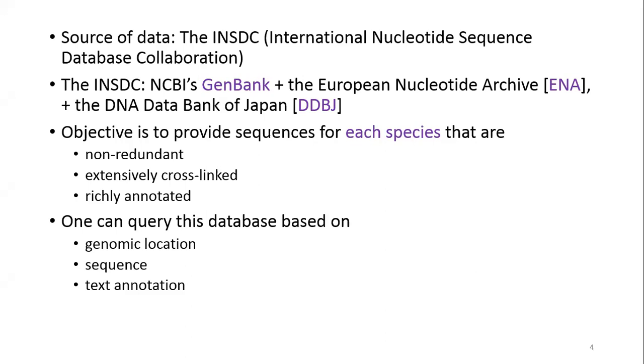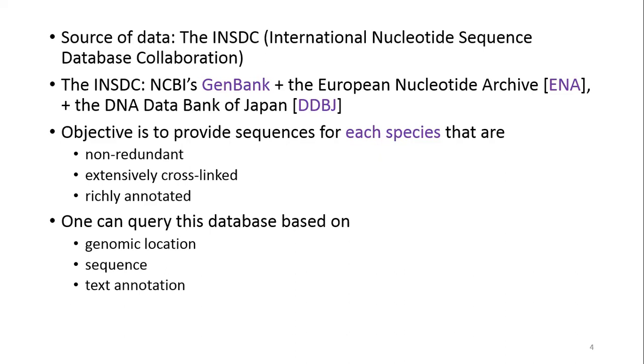Okay, so one can query this database based on genomic location. That is, if you know that your sequence of interest is located on the 6th chromosome of human, then it is possible to search this database using such genomic location. Or you can perform sequence-based searching using tools like BLAST, or you can search using text annotation.